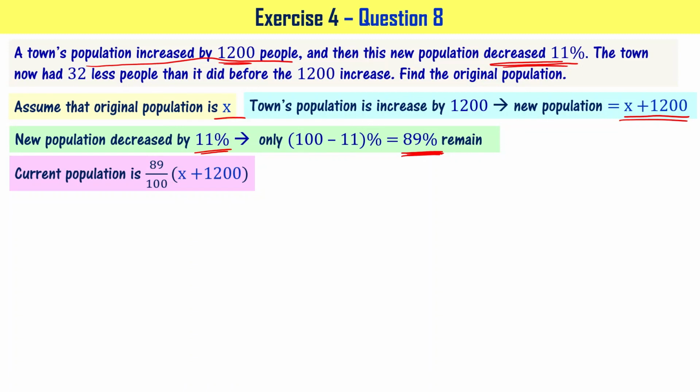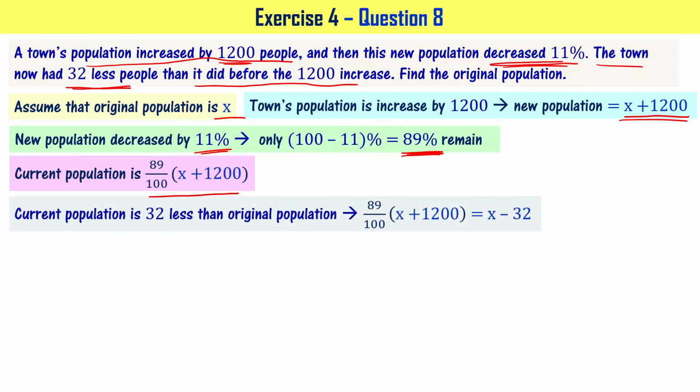Right? Now, the other statement says that the town now had 32 less people than it did before the 1200 increase. It means if you look at the current population, that is 89 by 100 times x plus 1200, that is going to be 32 less than the original population, right?